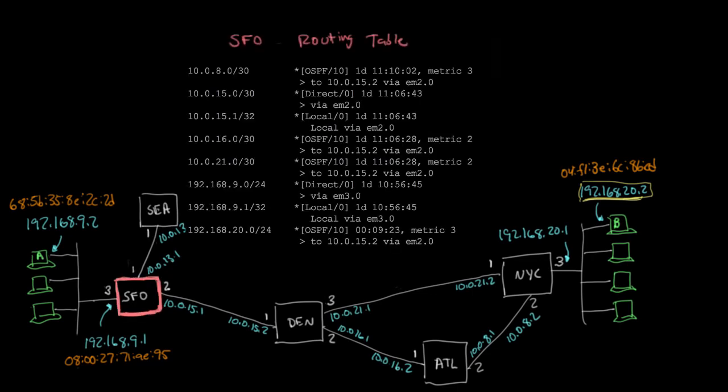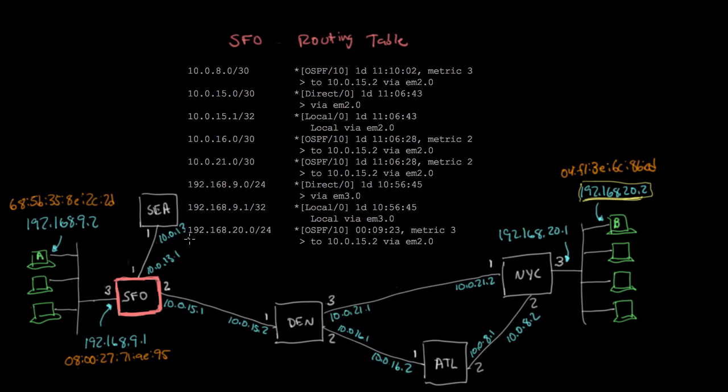If we look inside the San Francisco router, it's going to have a routing table. This is a snapshot of the actual routing table that's in there, so we can take a look at what's going on. This packet is coming in with a destination of 192.168.20.2. San Francisco is going to look in its routing table and try to find a prefix that matches.